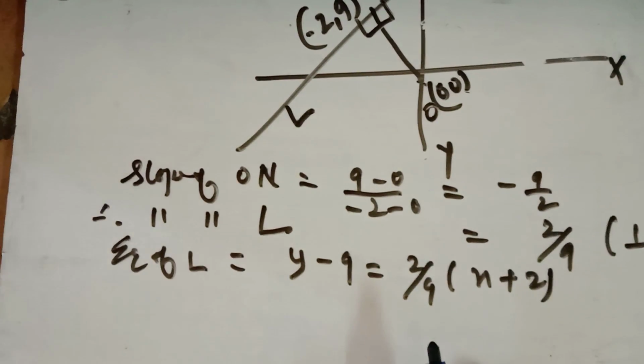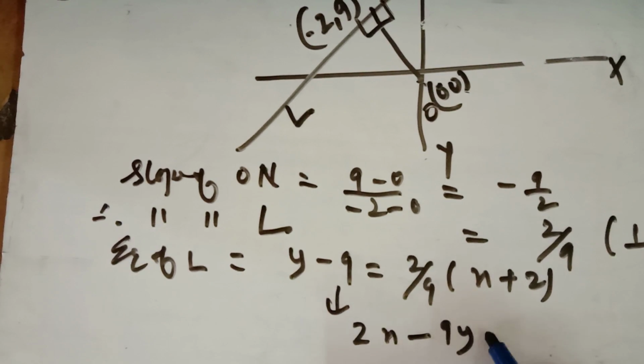So when you solve it, cross multiplying, you will get 2x minus 9y plus 85 equal to 0. This is the equation of the line satisfying the condition of question number 15.